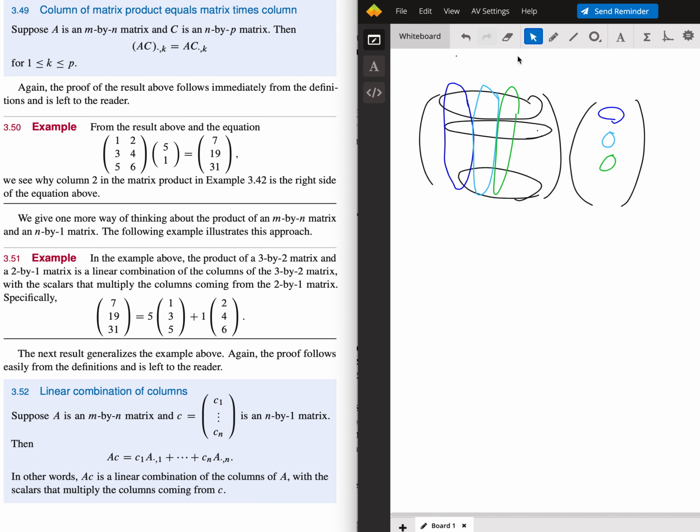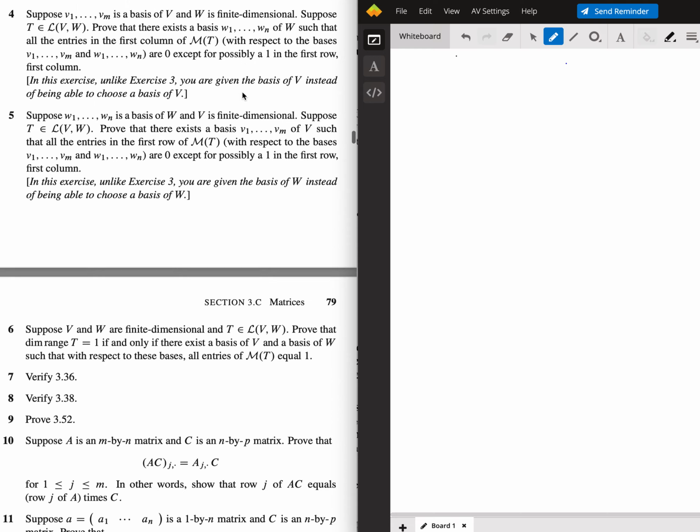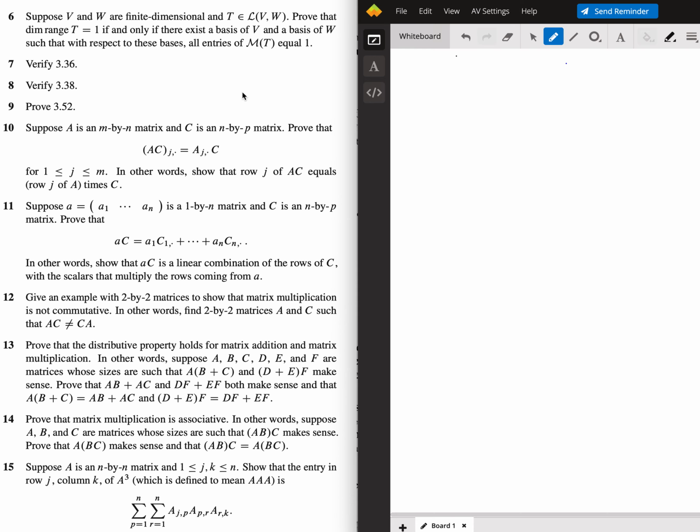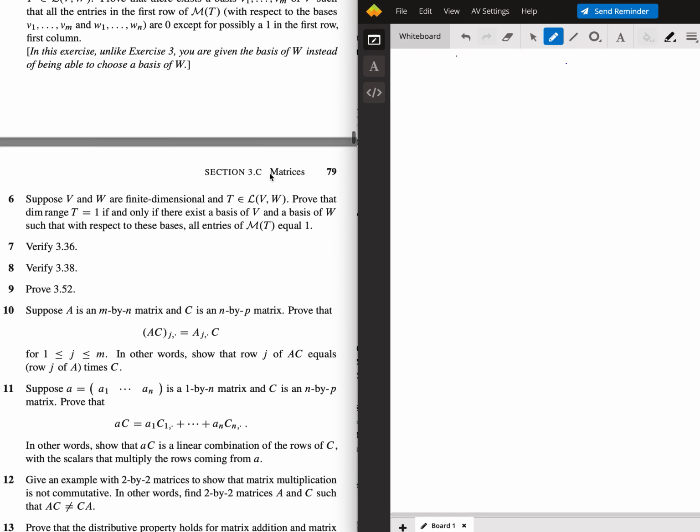So yeah, I think this diagram represents what's going on, because the dark blue portions get multiplied by the dark blue entry in the column, and the light blue portions get multiplied by the light blue entry in the column, and so on. So I think that's how you look at it. Obviously that's cheating because we haven't defined what it means to multiply a matrix by a vector, but you can think that's what it means.